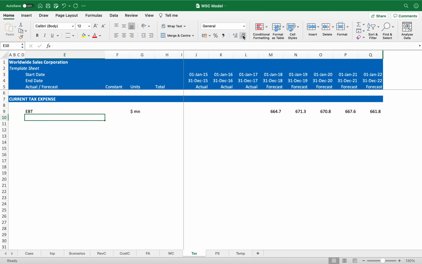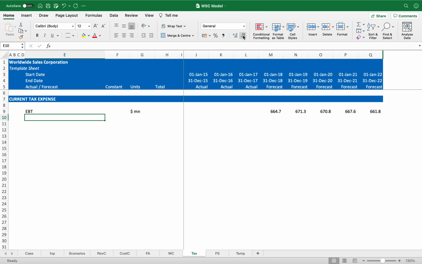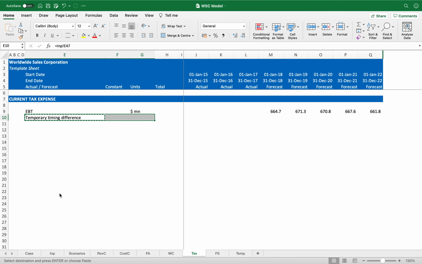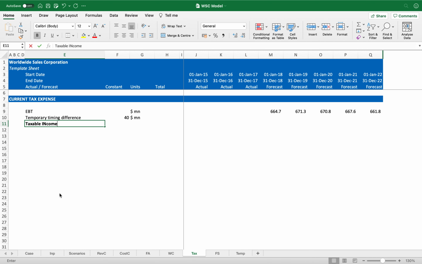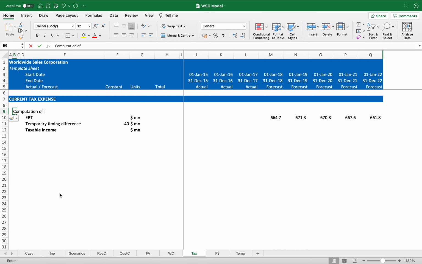So the income from taxation purpose is $40 million lower than the income for accounting purposes, right? So what is the pre-tax income from accounting perspective? This is what it is, which is there in your income statement. What is your temporary difference? $40 million from your input sheet. So how much will be your taxable income? So just write down the heading for this: computation of taxable income.